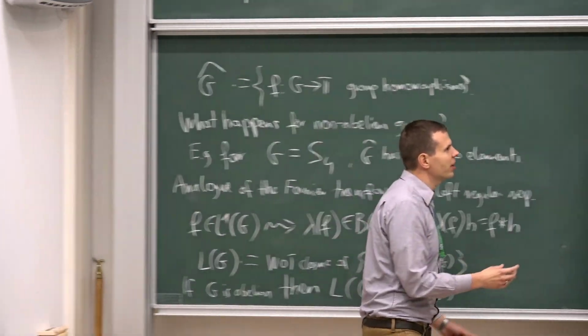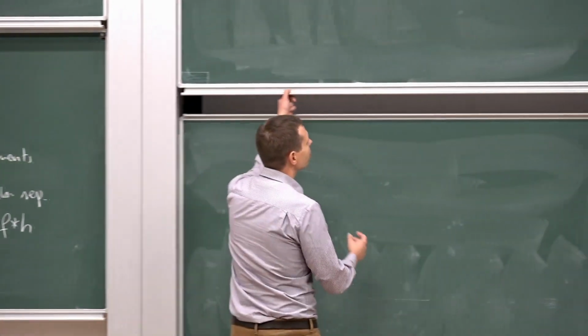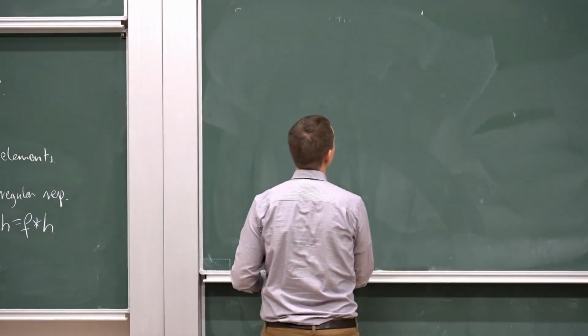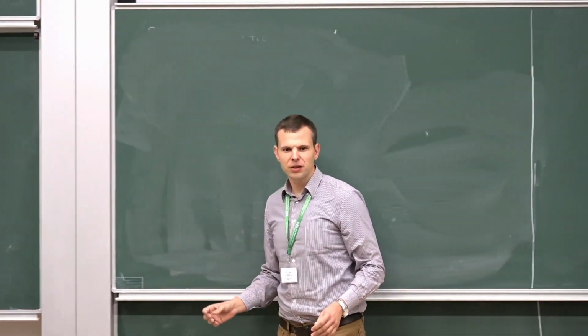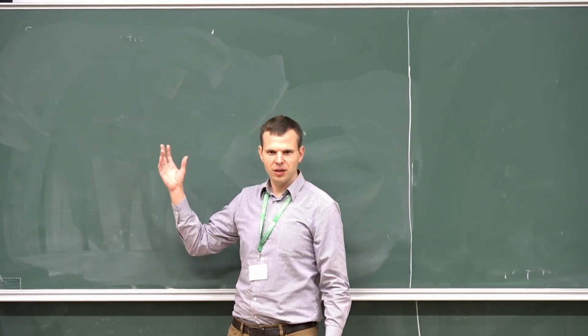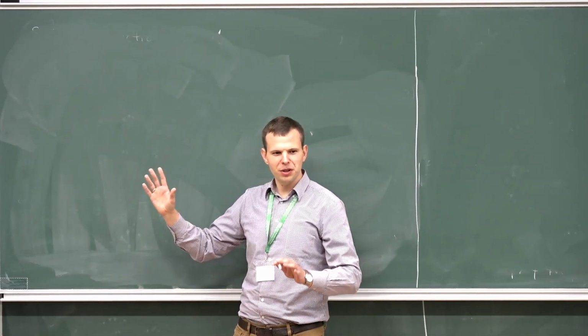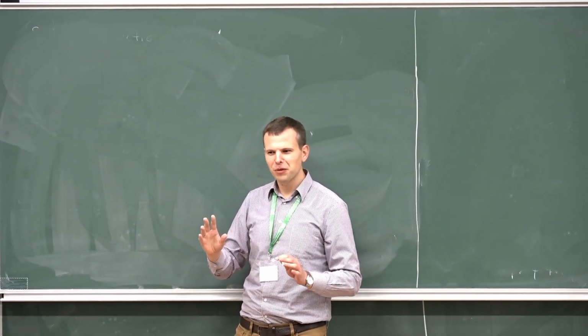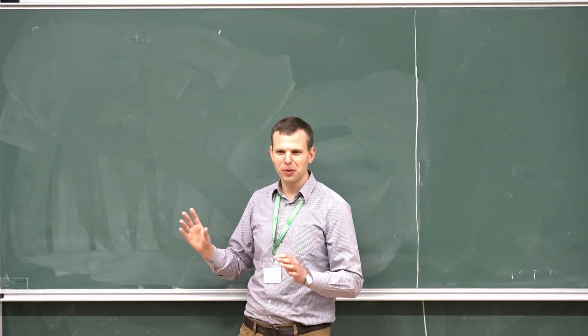And the idea behind that is this Gelfand duality. This is something from C-star algebras, right? So C-star algebras are these star subalgebras of B of H, which are closed in the norm topology.